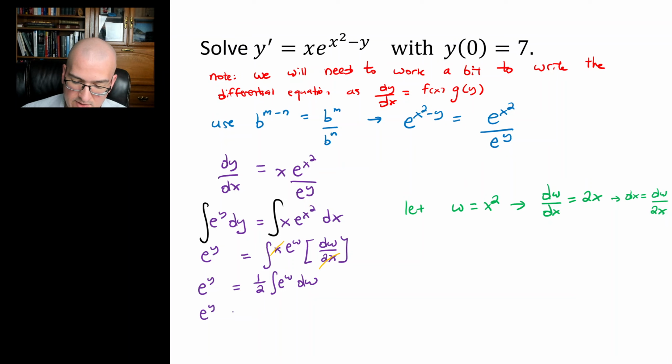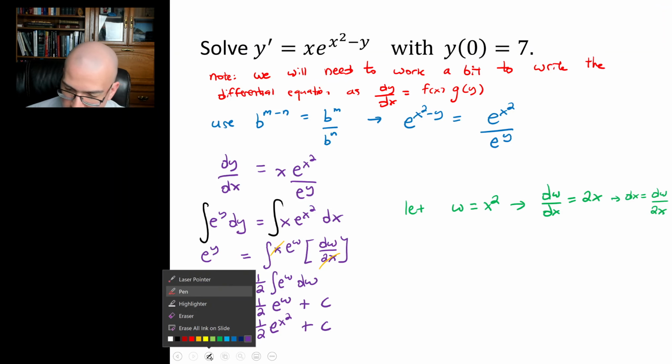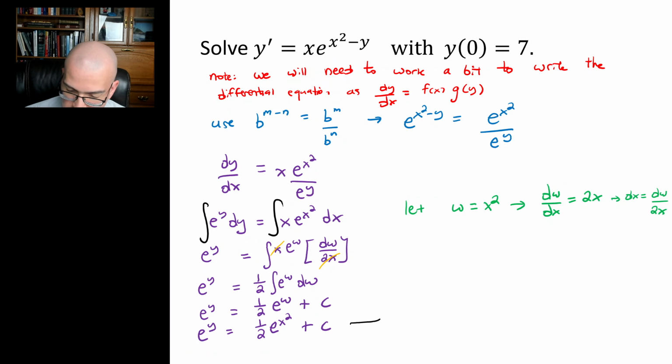So e to the y is equal to the antiderivative of e to the w, which is just e to the w, plus c. And then we can undo the substitution. So e to the y is equal to 1/2 e to the x squared plus c. Now what do we do? Well, we have to use the condition to find c.